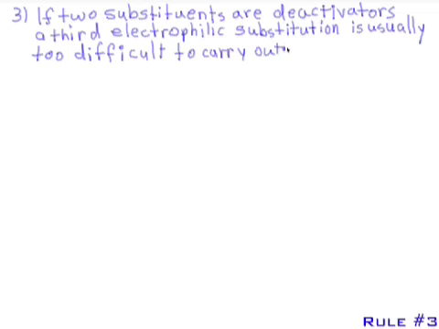For example, suppose I have meta-dinitrobenzene. Both groups are meta-directors. Both groups are directing to the same position here.